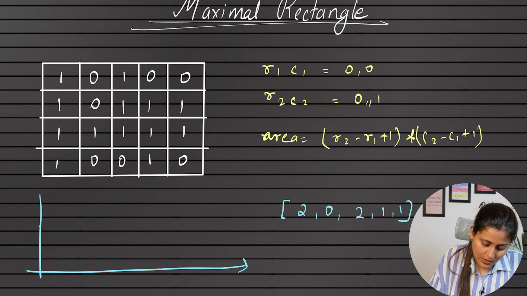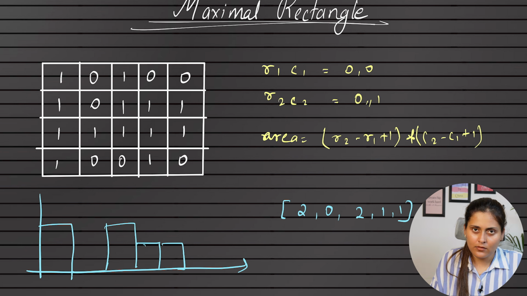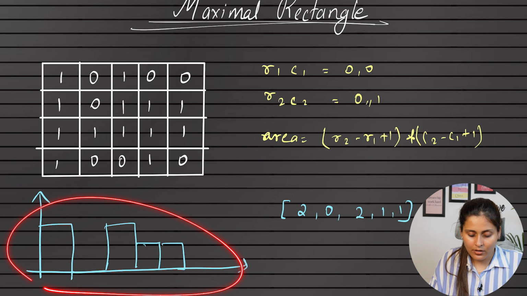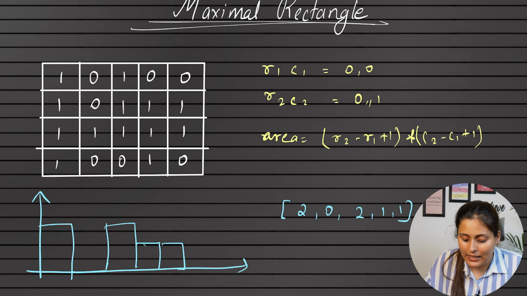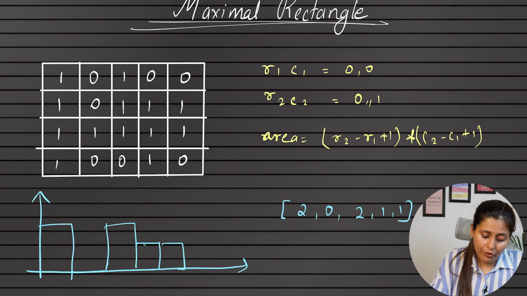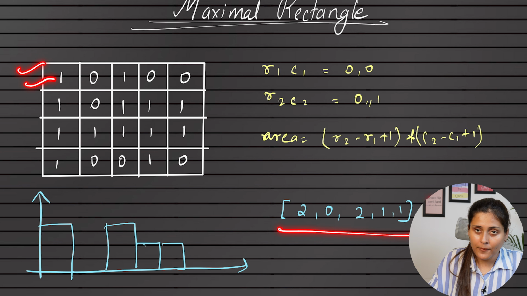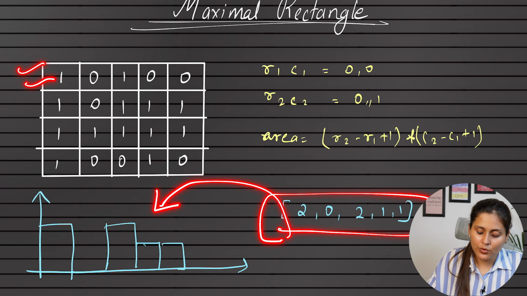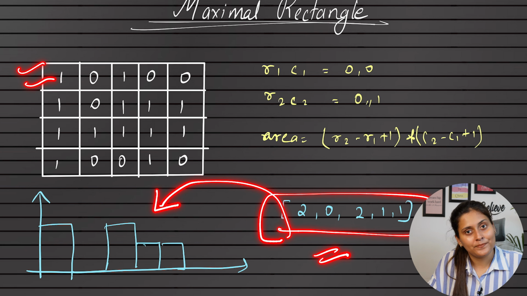In maximal rectangle also, just to represent, they gave you the block, but the input was an integer array only. So if somehow we can convert this 2D matrix into 1D, we can use the same logic to calculate the maximal rectangle.